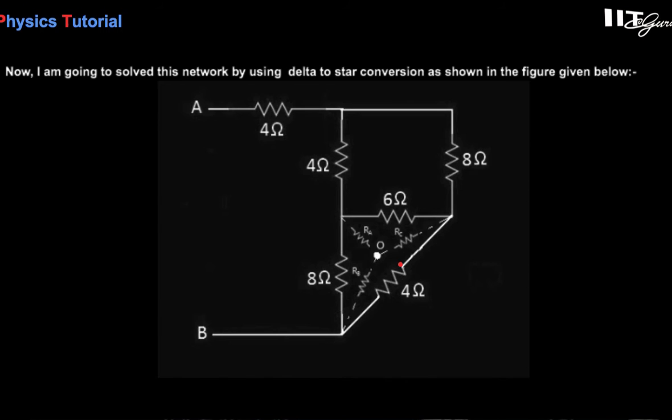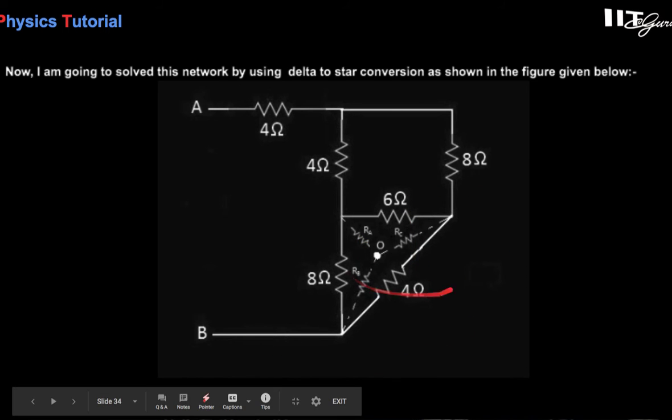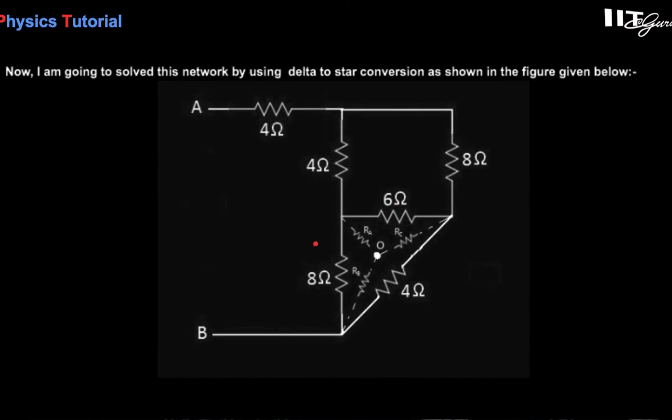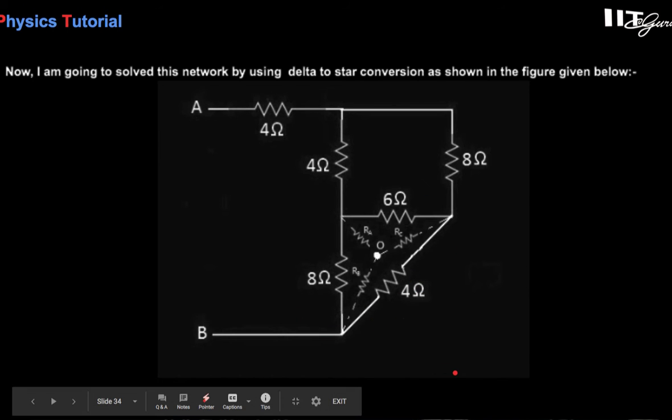So let's start. To evaluate this result, multiply 6 into 4 and then divide by 6 plus 4 plus 8. And for this one, you have to multiply 6 and 8, and then divide by 6, 4 and 8. Let's see.